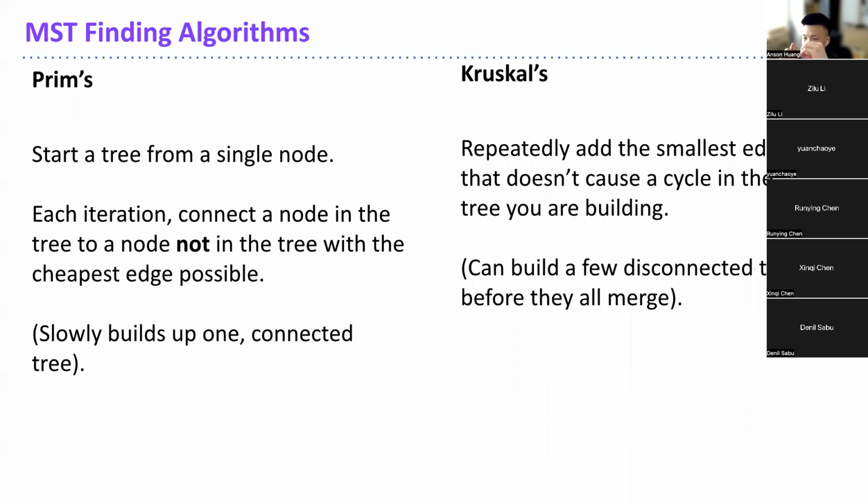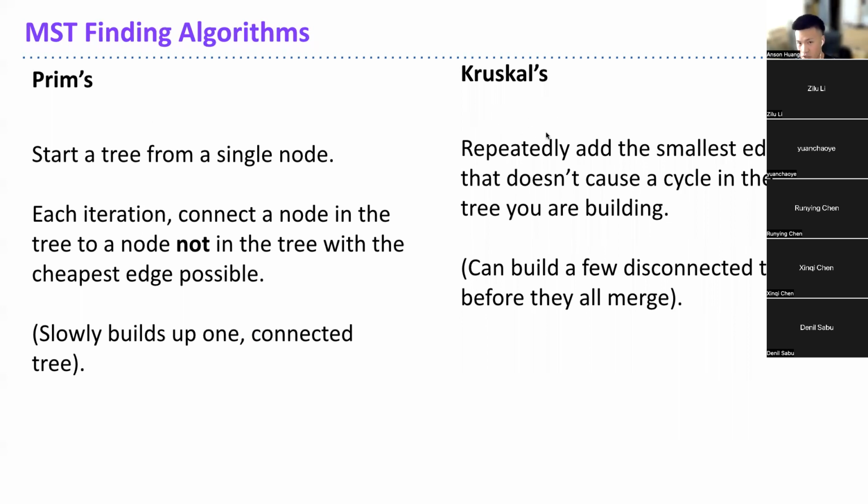At each city, you want to go to the next city that is the cheapest to go to at that point. That's essentially what Prim's is. You start with a node, you connect the node to a tree, you connect a new node that you haven't explored yet to the nodes that you've explored already, and you pick the cheapest edge at each iteration. So it's a little bit like Dijkstra's, except you don't have a source node.